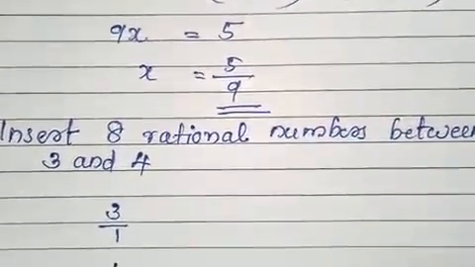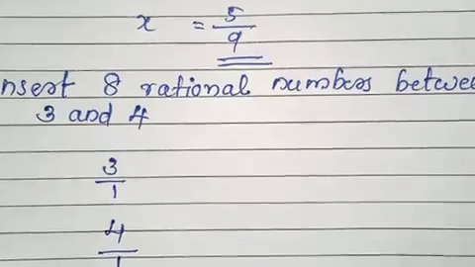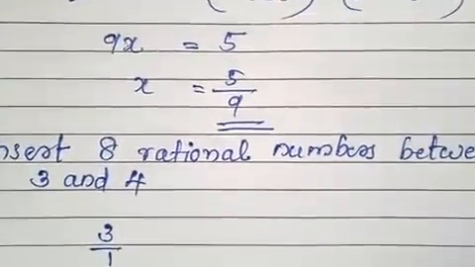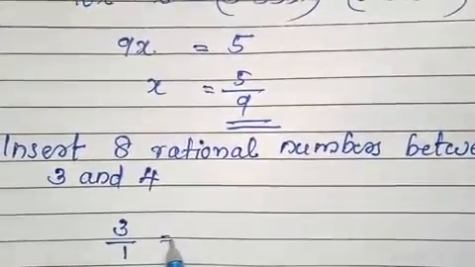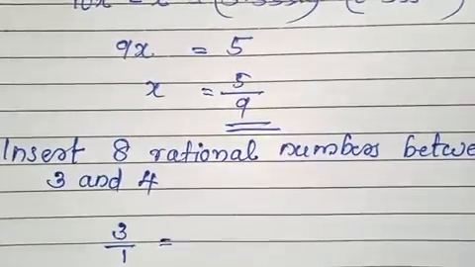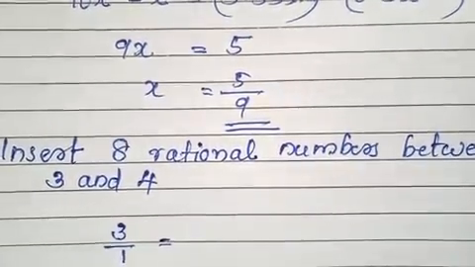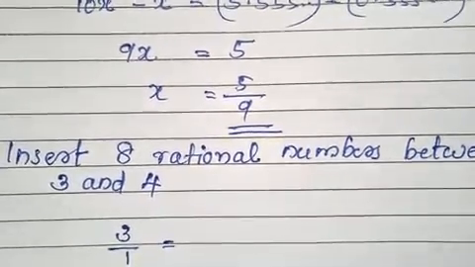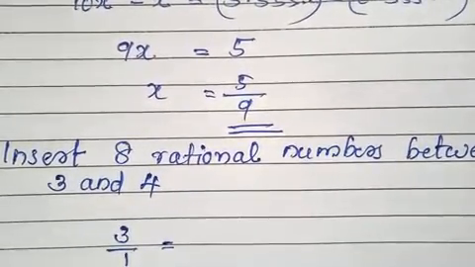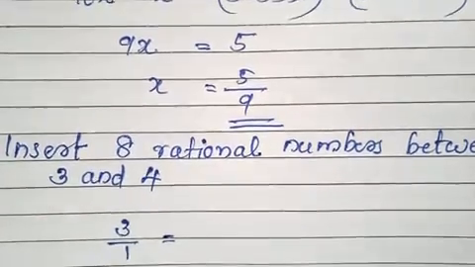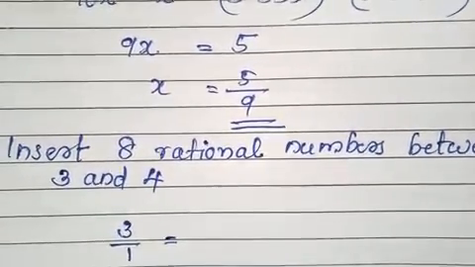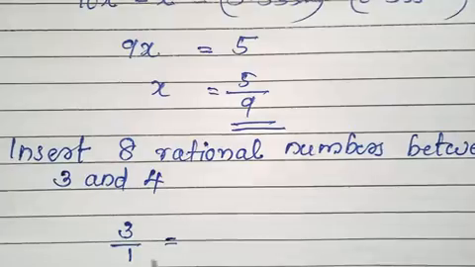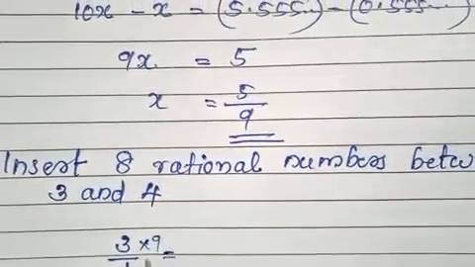So we should find 8 rational numbers. 8 rational numbers means that we should multiply both the numerator and denominator by 9. If they ask for 6, you should multiply with 7. If they ask for 8, you should multiply with 9.